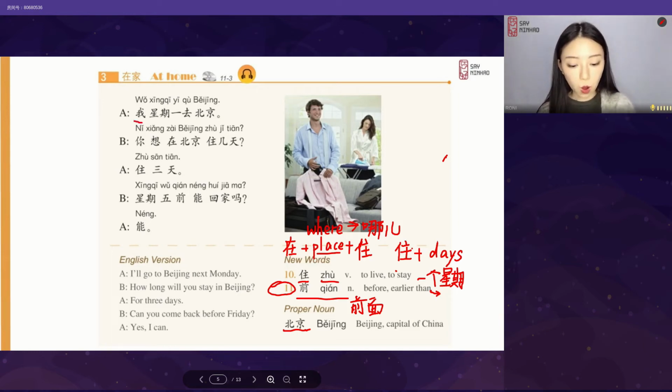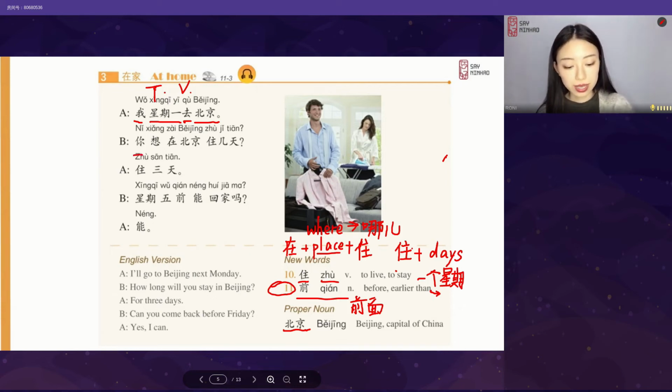First one, 我 me, 星期一 the time, and then 去北京 the verb. So we can see the time word is still before the verb. Okay, 星期一去北京, I will go to Beijing on Monday.